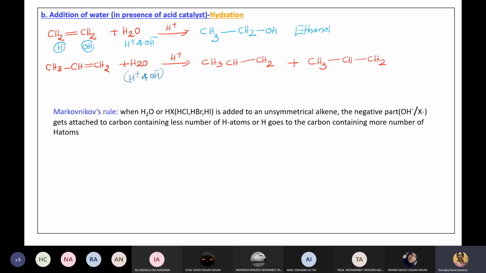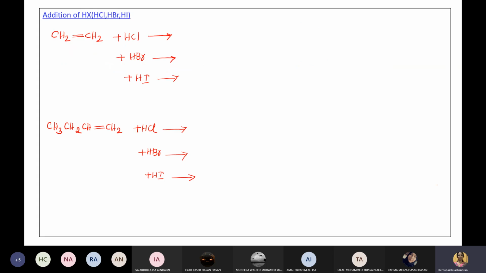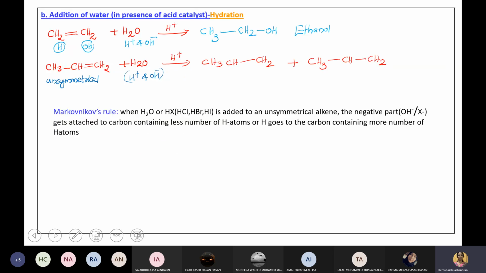Okay, so here there are 2 possibilities because this is an unsymmetrical alkene, right? You understand the meaning of unsymmetrical and symmetrical? In the first case, across the double bond, both are the same group. Here, not the same group. The groups present on the left side and right side of the double bond are different. So now here, 2 possibilities. One case I can put H here, OH here. Other possibility I switch, OH here, H here.